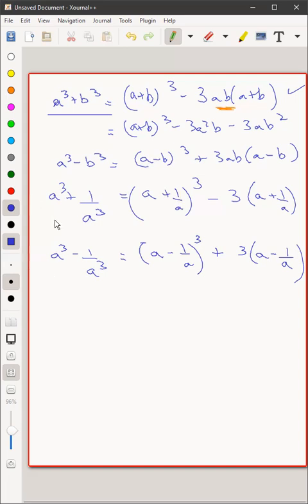Yes, sir. I'm not able to understand A cube plus 1 upon A cube is equal to A plus 1 upon A, the whole thing cube minus 3. We did this yesterday. Refer to your notes. Sarah, what is A plus 1 upon A, the whole thing cube?